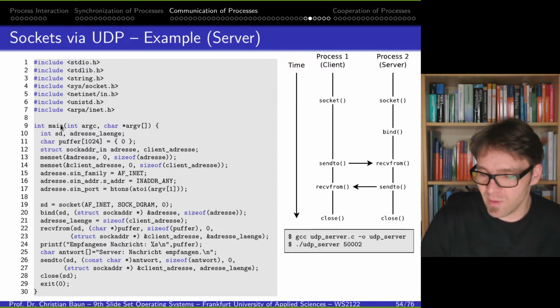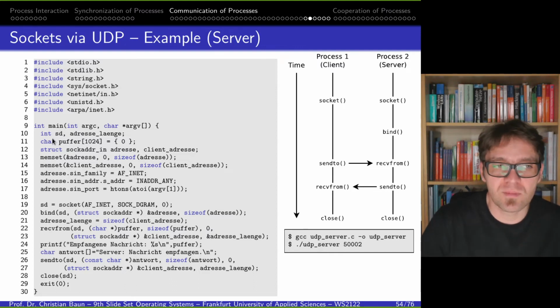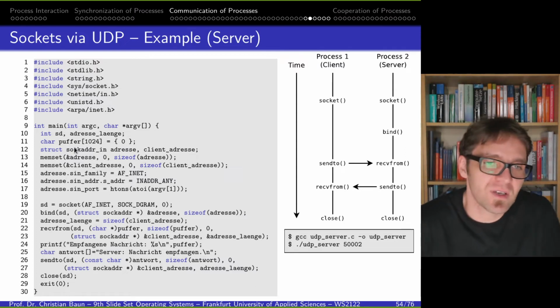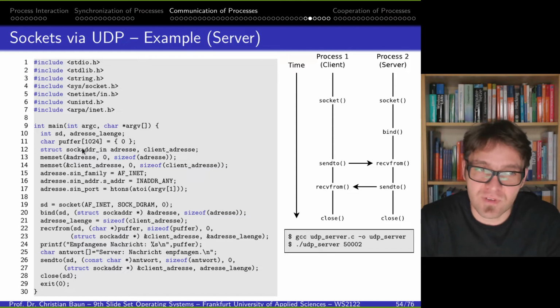Next we have our main function, and first we specify some variables, socket descriptor, and here address length. We specify a buffer, and we specify a structure here for the address.